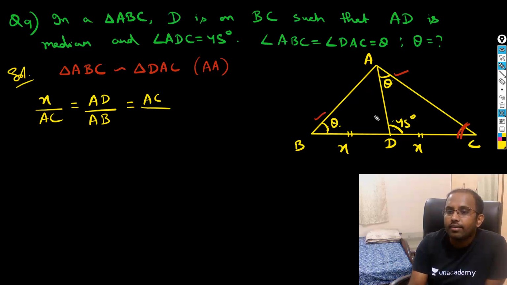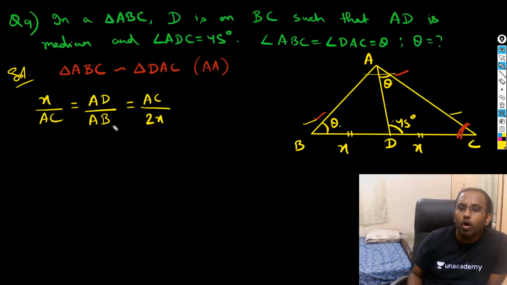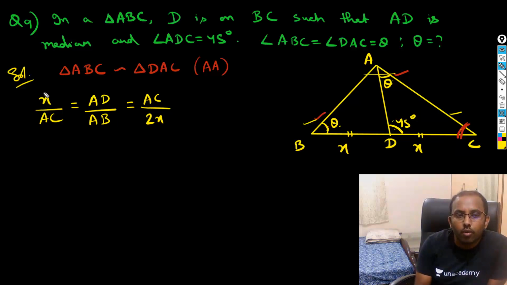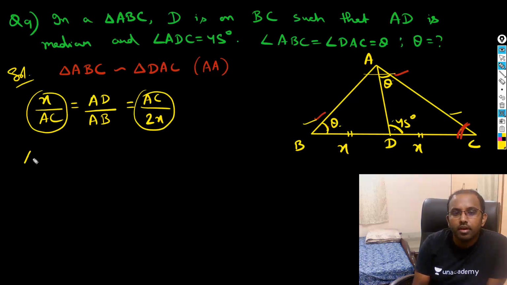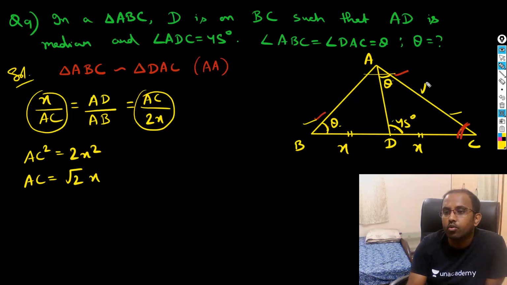In triangle ABC, the angle A is opposite 2x. So if you observe this, x upon AC is equal to AC upon 2x. That means AC square is equal to 2x square. Therefore AC is equal to root 2 x. So AC is equal to root 2 x, right?